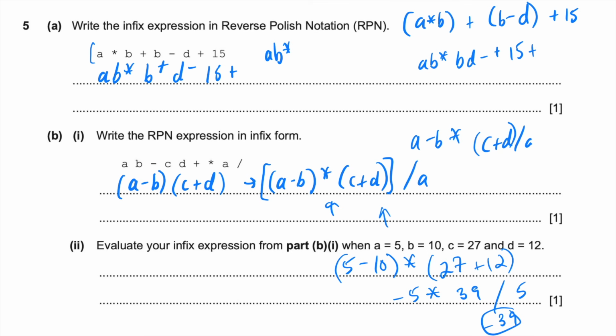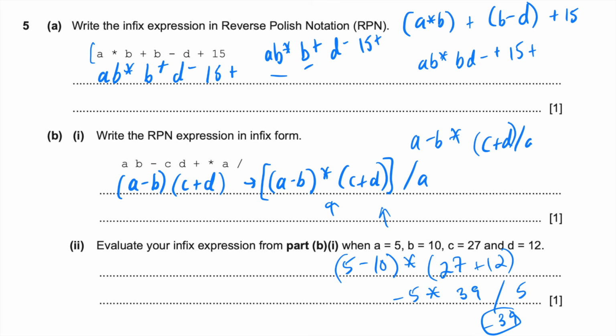Because we had A B star, and then our next operator was going to be plus. So we have plus B, so that means we need to have B and then plus, because that plus is not only going to apply here, but also here as well. And then we have minus D, so we're going to have D minus, and then 15 plus.